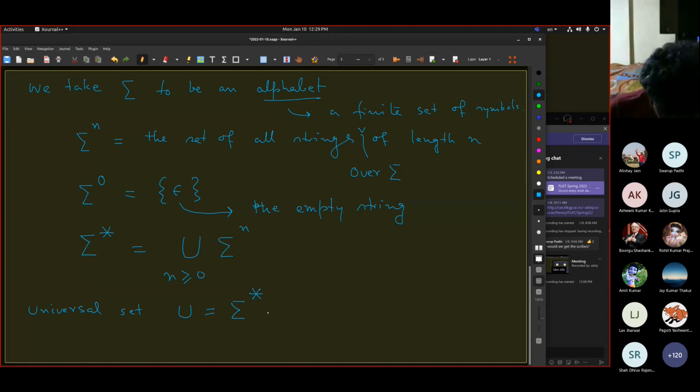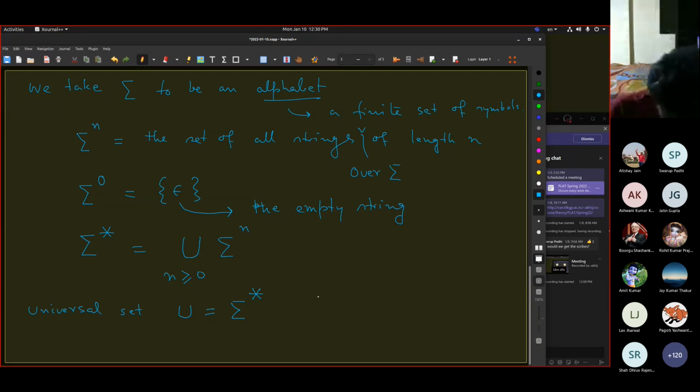So this is our first simplification. We will no longer consider languages of numbers, languages of graphs, languages of strings, languages of other things. Instead, we will always consider languages to be subsets of sigma star.